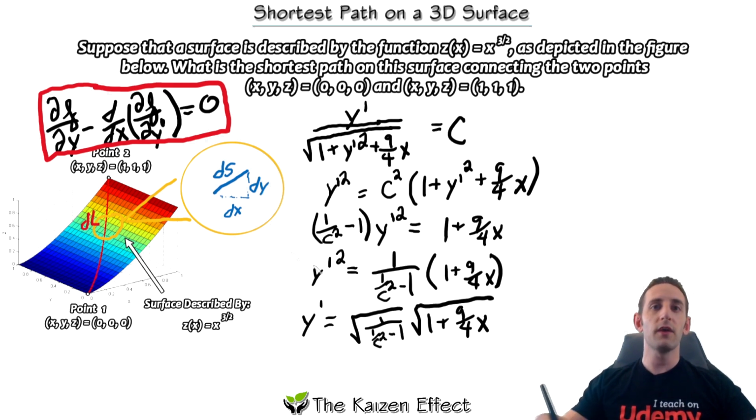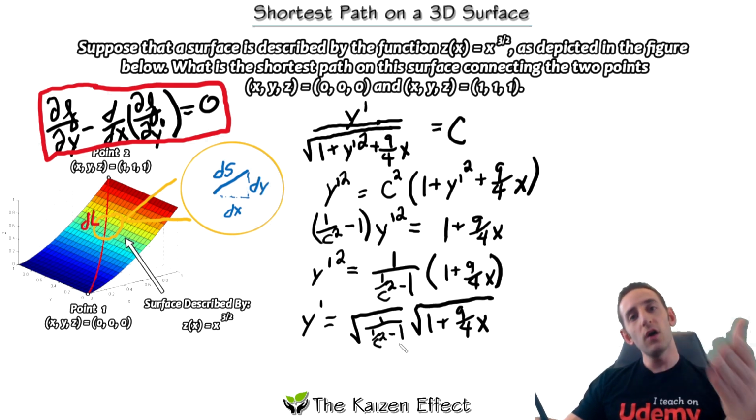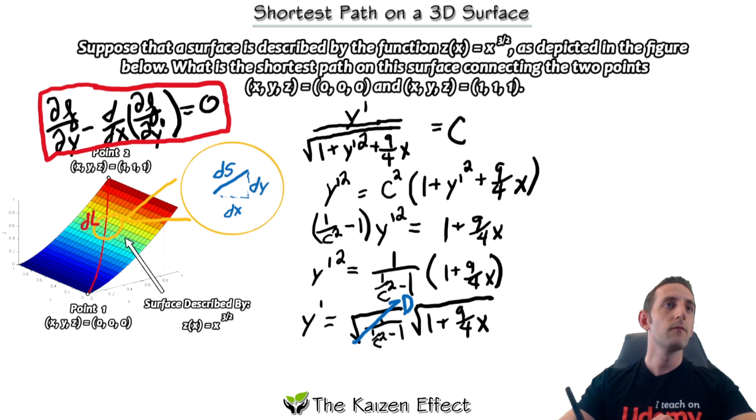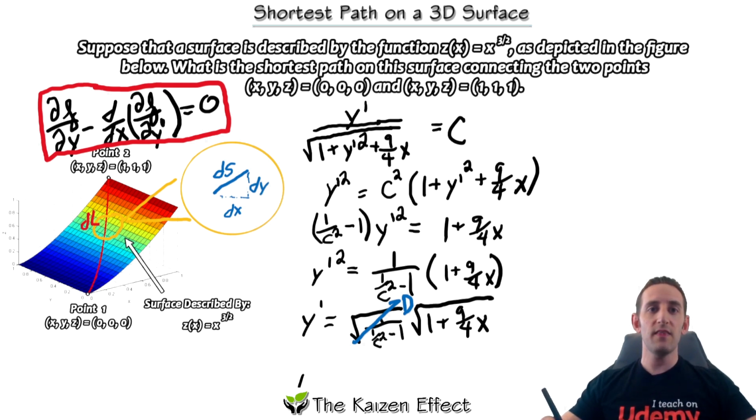Now, if we have a constant c, we square it, take 1 over that term, subtract 1, and do 1 over that entire evaluation, well, what is that? That's just a constant. So we're going to call it a constant d. And then we just get this nice value: y prime is equal to d times the square root of 1 plus 9 over 4x.